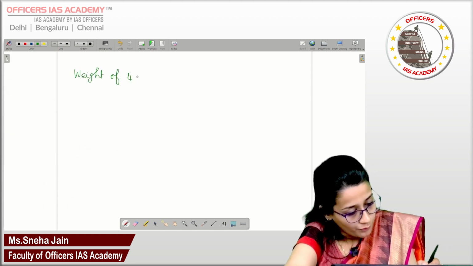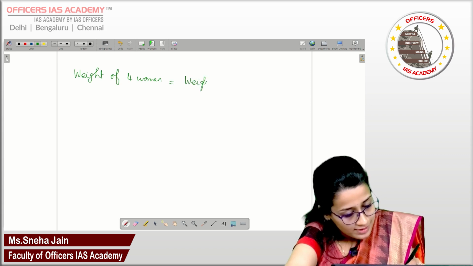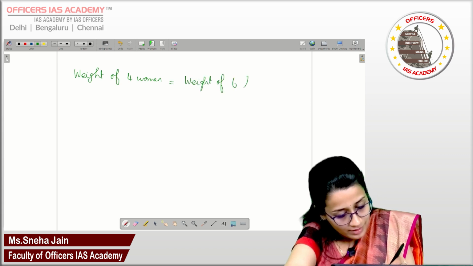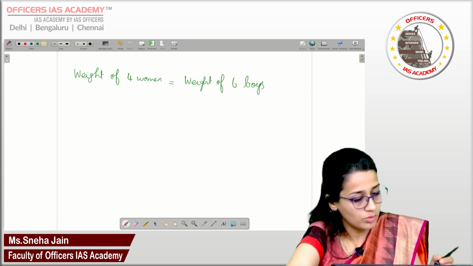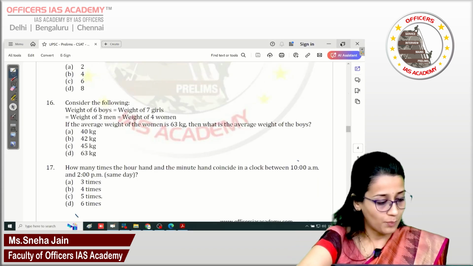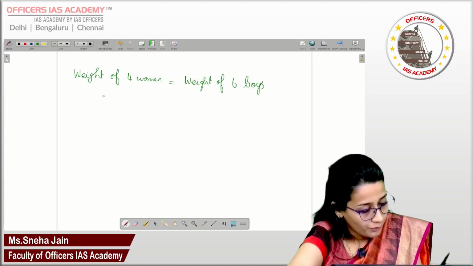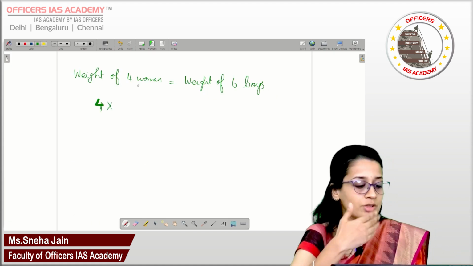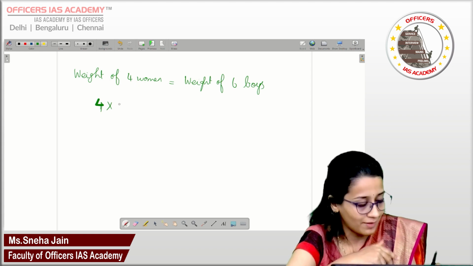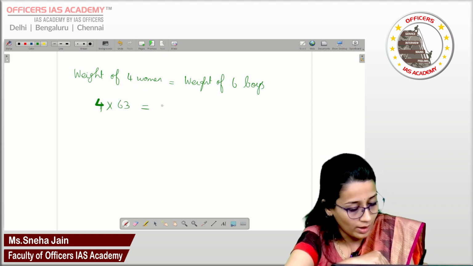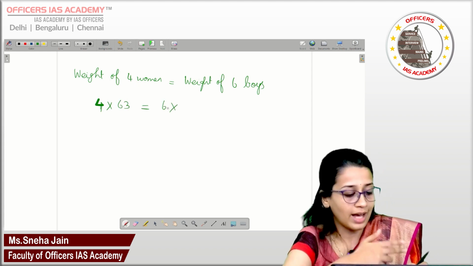Weight of 4 women is equal to weight of 6 boys. What have they given you? The average weight of the women is 63 kilo. So 4 into the average weight, 63, equals 6 into the average weight of boys, right?